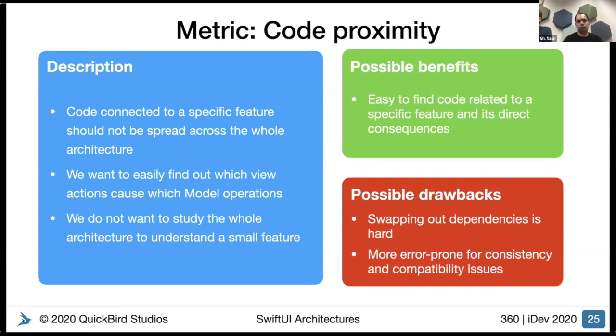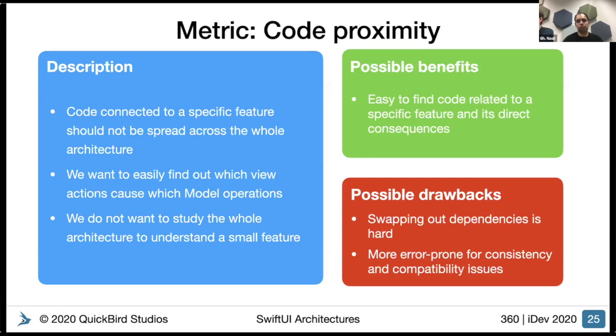A benefit from that is it's easy to find code related to a specific feature and its direct consequences. However, for example, if you're writing network code inside of your view, which is probably a little bit too high of a code proximity, then swapping out a dependency or certain functionality is super hard, because you have to keep in mind that that code might be in a lot of other places in your application as well.